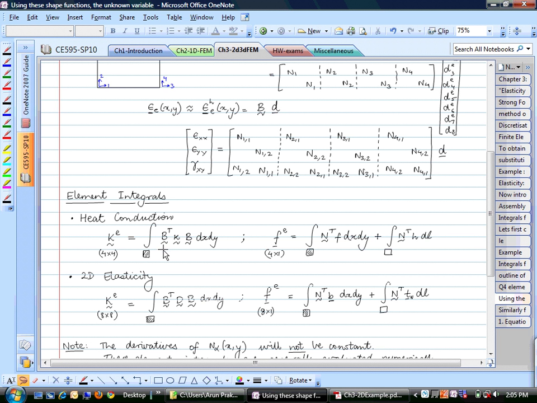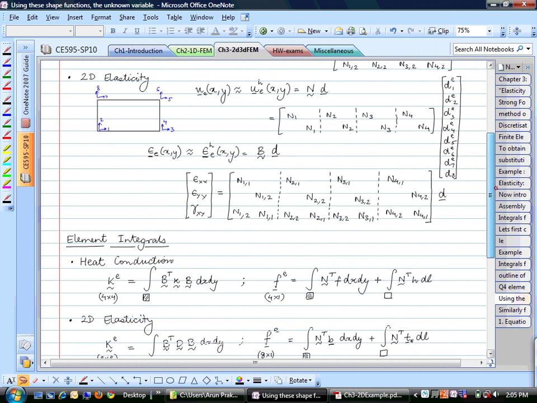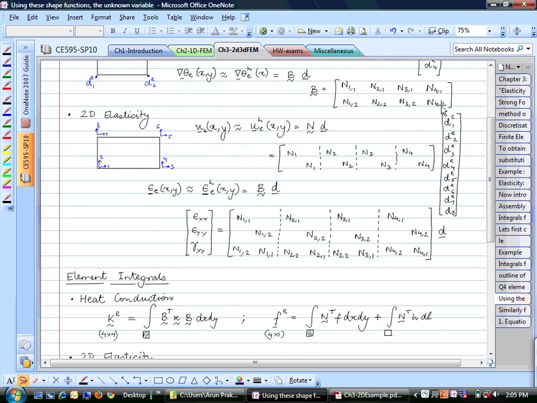So for heat conduction, if you remember, it was B transpose conductivity matrix B. Now we have just switched the definition of this B. So this B, instead of being a 2 cross 3, it is now a 2 cross 4. Okay. So I've already written here the dimensions of the K stiffness matrix are 4 cross 4. What is the dimension of B transpose?